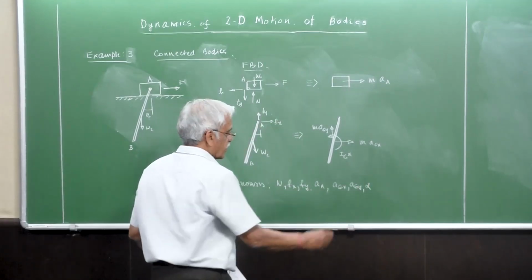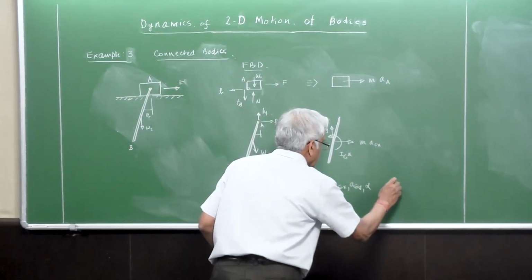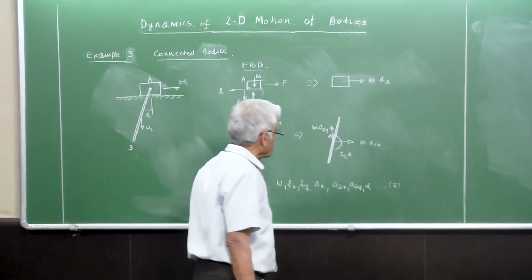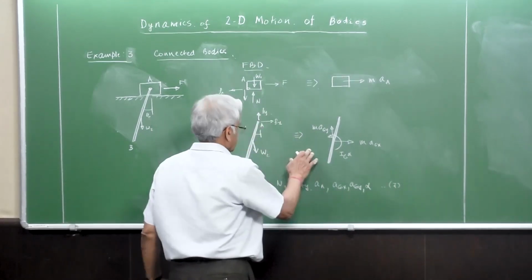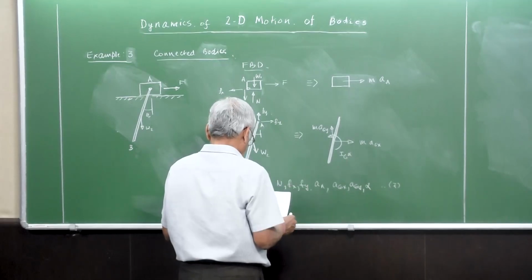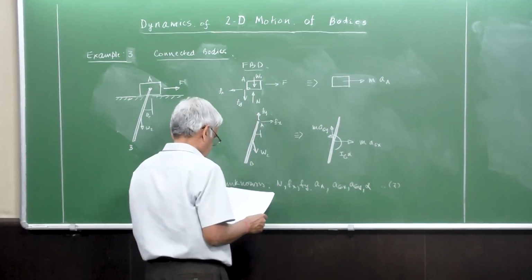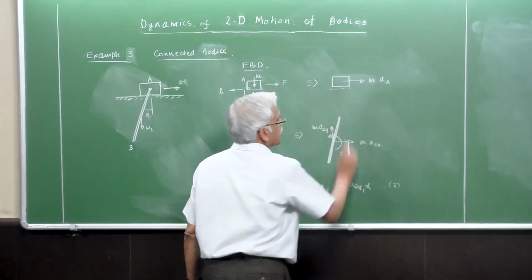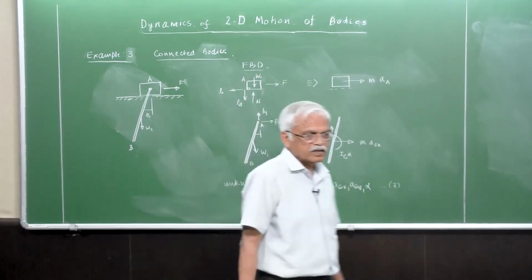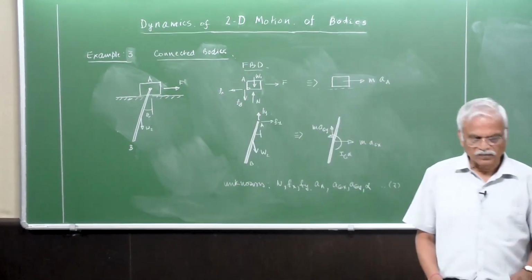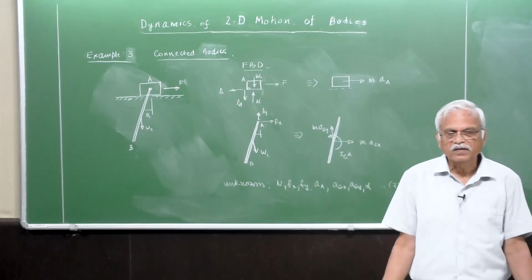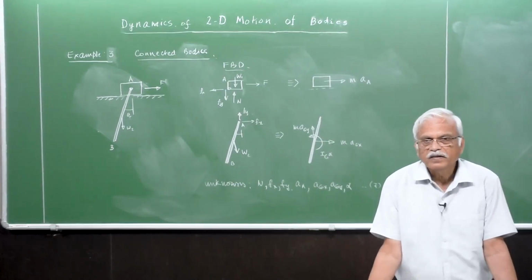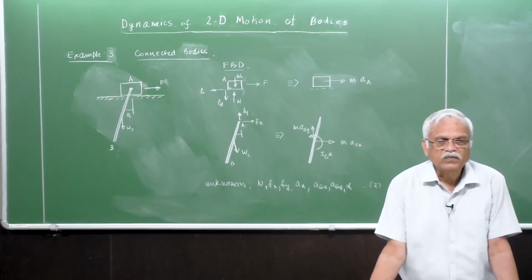Okay, there are 7 unknowns in number. And how many equations do we have here? So there are 3 here, and what about the top one? How many equations do we get for the top one? Do we get 3 equations? The top one will give us only 2 equations.